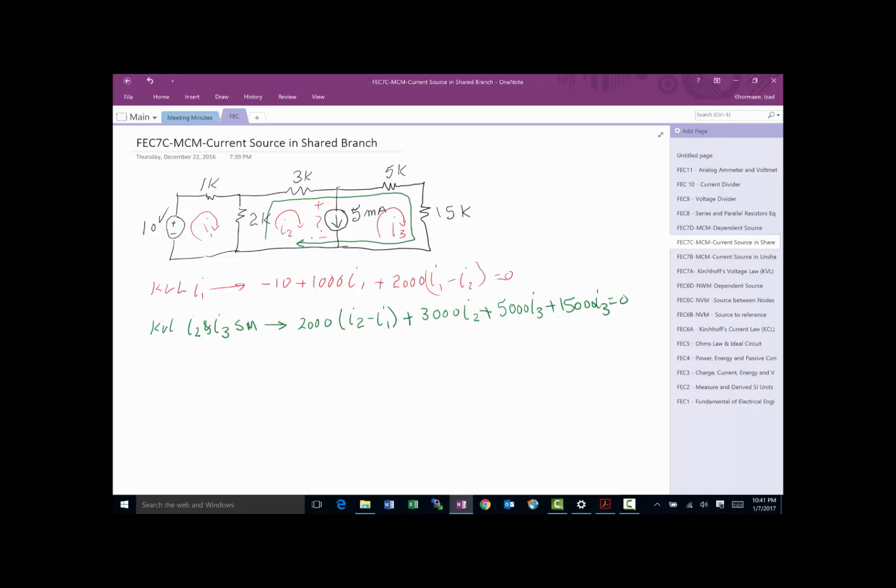Now we have three variables, I1, I2, and I3, but we only have two equations. No worries, because we know that I2 minus I3 is equal to the current source value. That is referred to as the super mesh equation, and we can write that I2 minus I3 equals 4.005 mA.